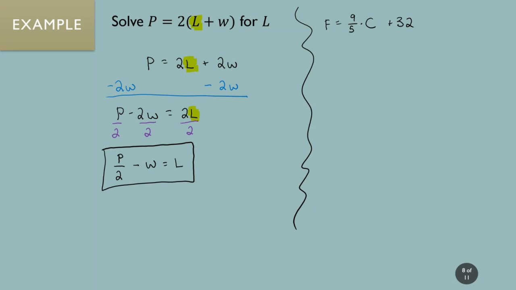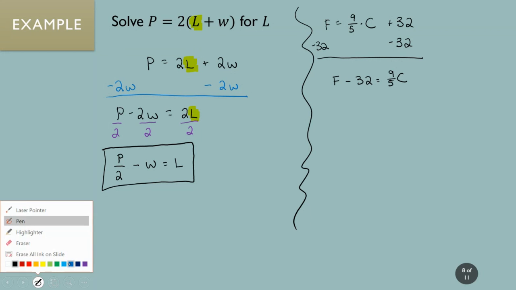So solving this gives you the formula in the other direction, like if you want to find Celsius. So if we're looking for Celsius, the first thing we would do would be to subtract 32 from both sides. So that gives us the Fahrenheit temperature minus 32 equals 9/5 C. Now I'm actually going to change colors here.